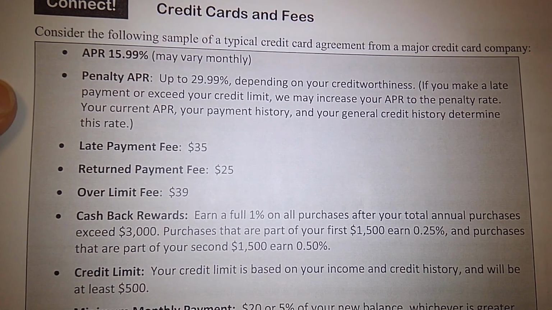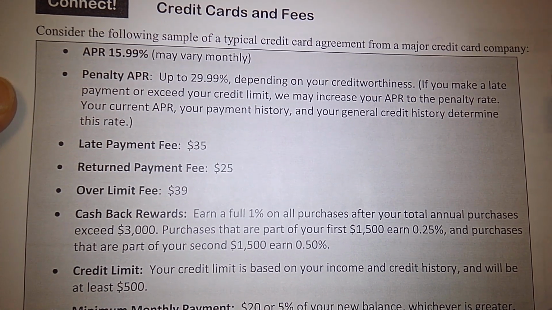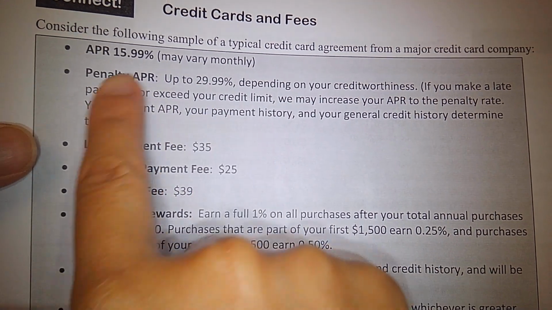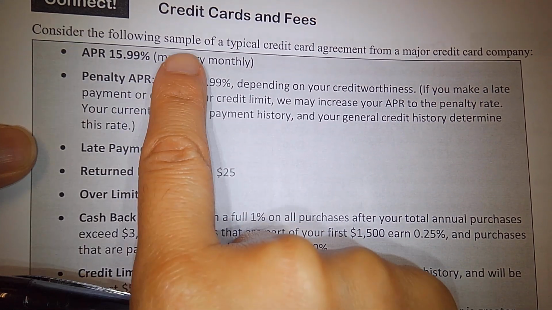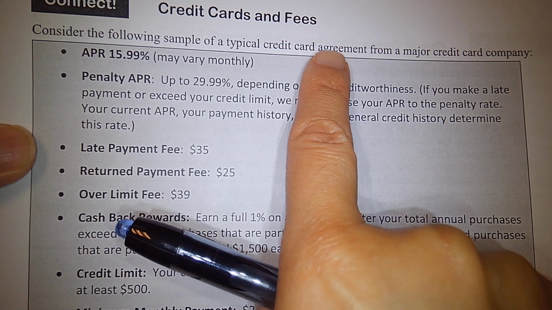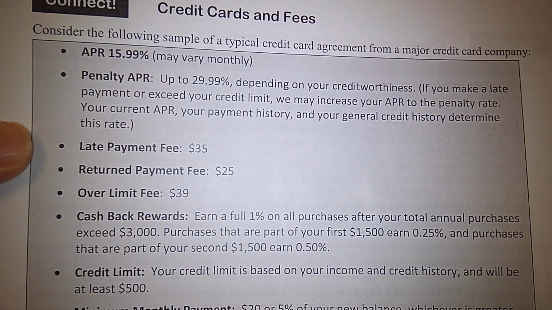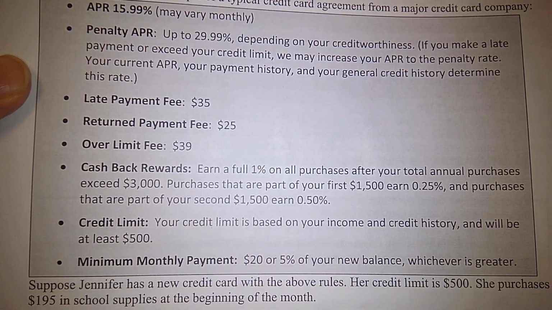Okay, so we have this great table. I'm going to ask a volunteer to read this table because this gray box tells us a typical credit card agreement from a major credit card company with the customers, with us. Okay. So whose turn?